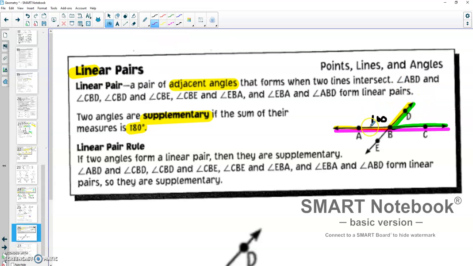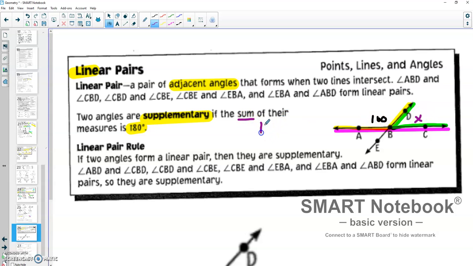So if this is 100, what does this have to be? Remember, it says the two angles are supplementary if the sum of their measures is 180. So I have this imaginary one, an unknown, x, and 100.